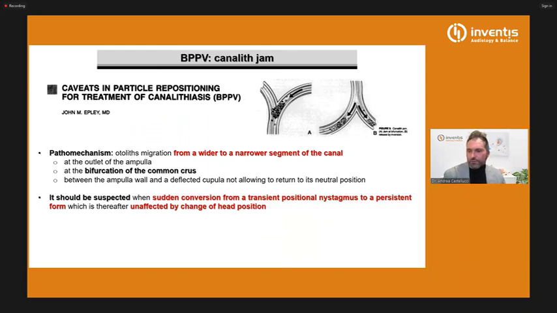The first one who described the canal jam was Epley at the end of the 90s.